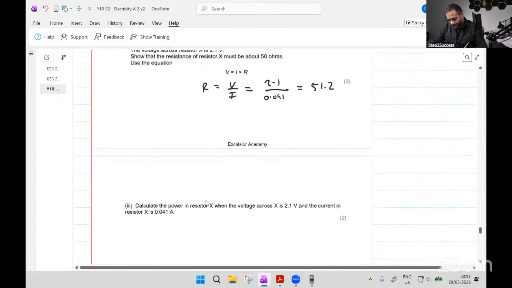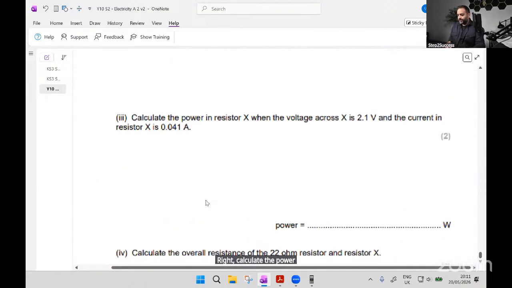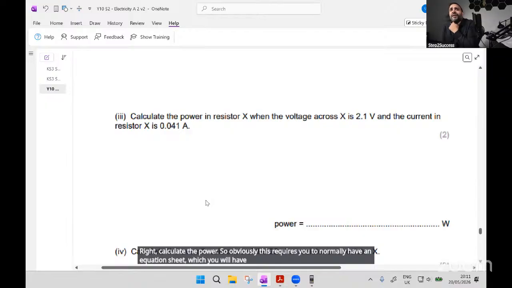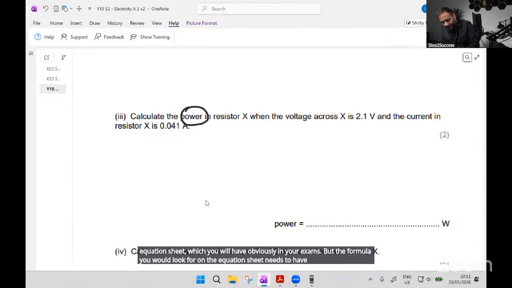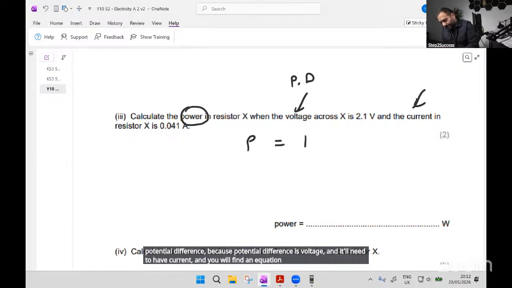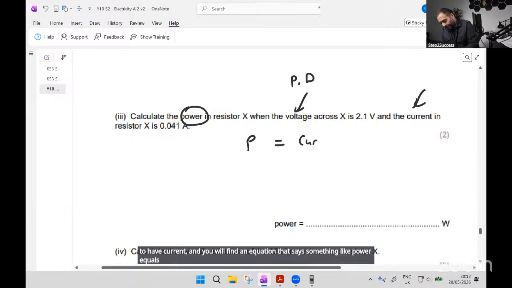Right, calculate the power. So obviously this requires you to normally have an equation sheet, which you will have in your exams. The formula you would look for on the equation sheet needs to have the word power in it. It needs to have the words potential difference, because potential difference is voltage. And it'll need to have current. You will find an equation that says something like power equals current multiplied by potential difference.